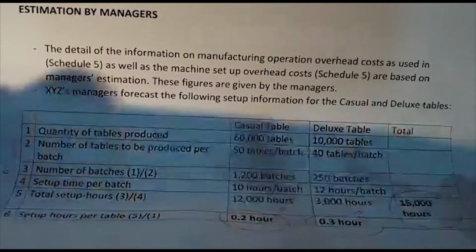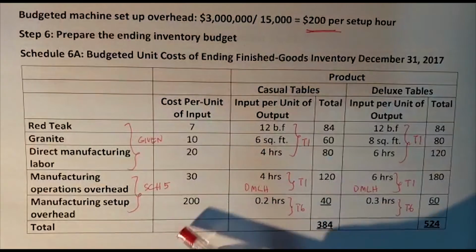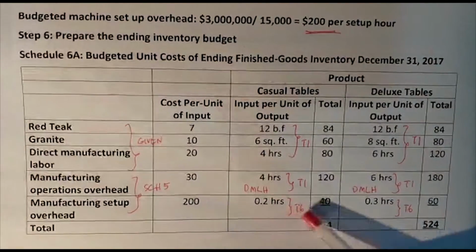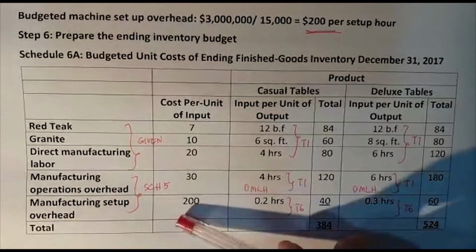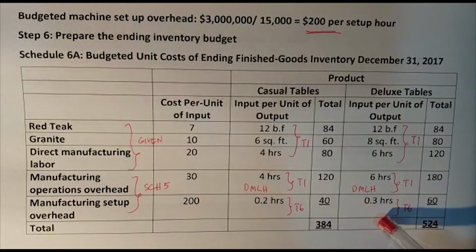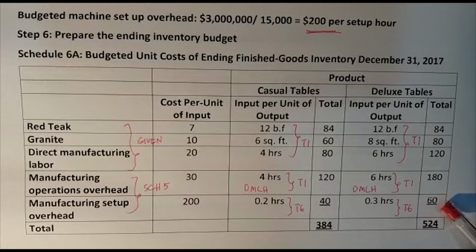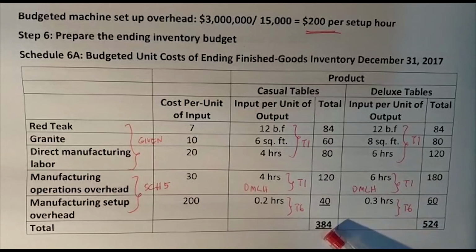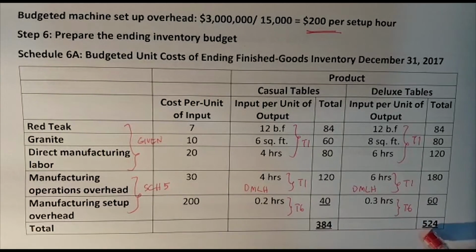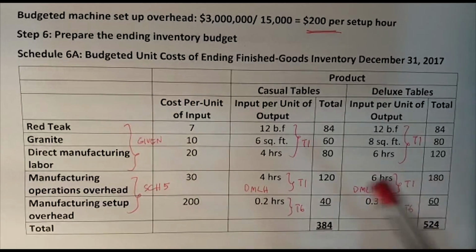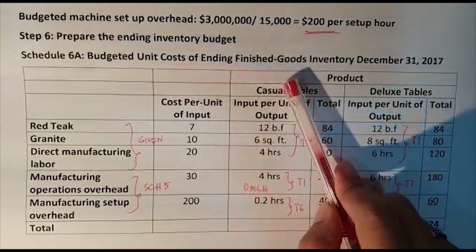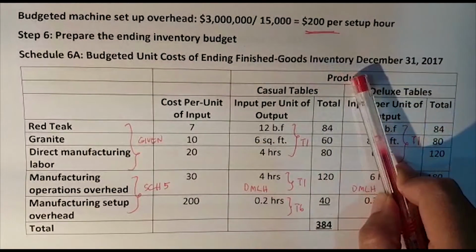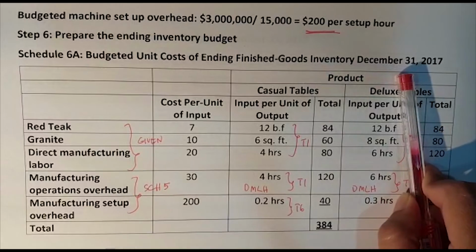So that's why here, 200 times 0.2 hours, we can get here 40, and 200 times 0.3 hours for deluxe, we can get here 60, and total is 384 and 524. That is the budgeted unit cost of ending finished good inventory as for December 31st, 2017.